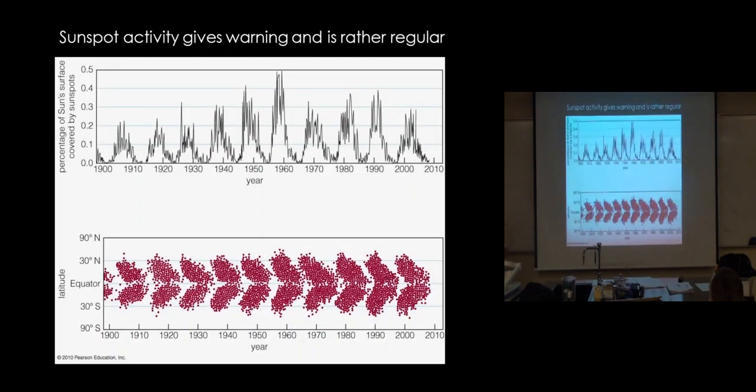And this happens really periodically. If you look at solar activity in the form of sunspots, you actually see this periodic freaking out, and it's about an 11-year cycle. So this is records of sunspot observations over the course of about a century or so. This is a really old chart.